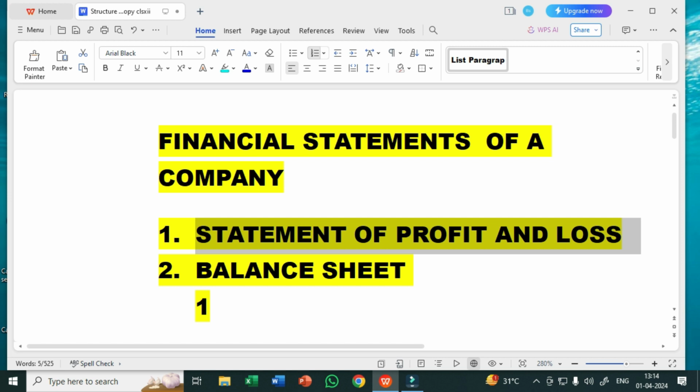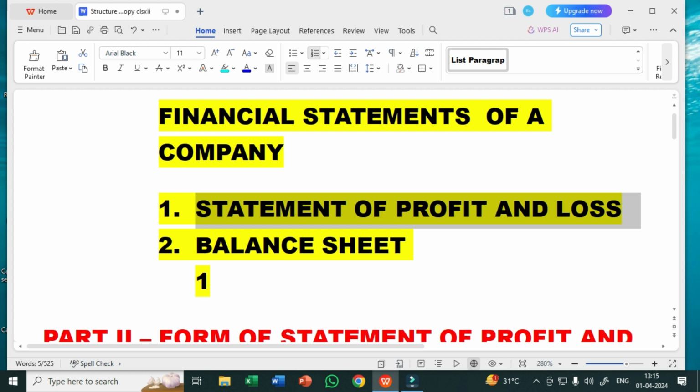Okay, now question 3, state any two objectives of financial statements. So why are these financial statements prepared by a business, by a firm, by a company? Basically two objectives are: number one, to provide information about economic resources and obligations of a business.